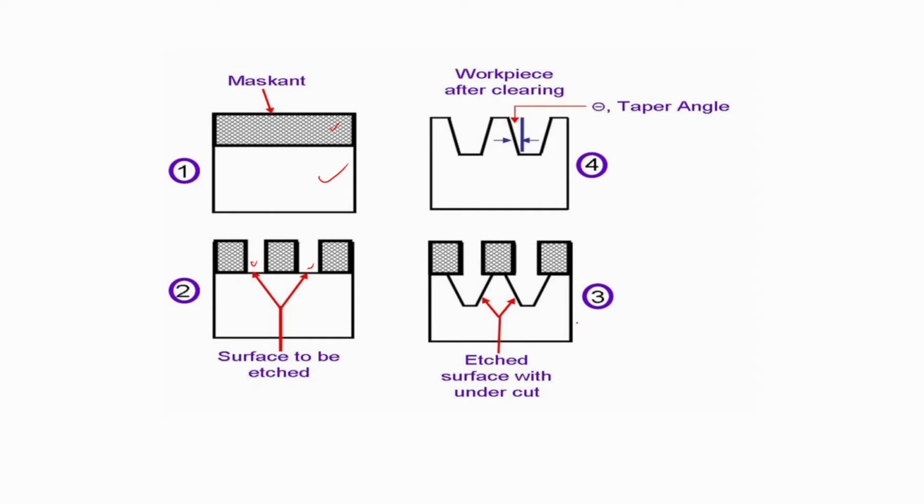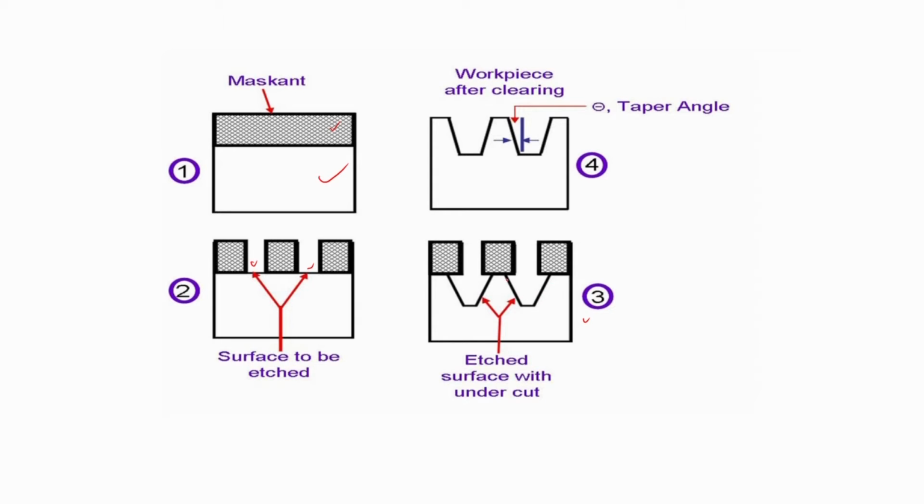Now this is the third step. In that third step, using the chemical etchant, the chemical machining process goes on, and after machining for a certain amount of time to get a certain machining depth into that workpiece, the workpiece is removed from the etchant bath.